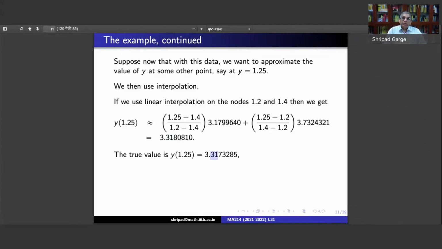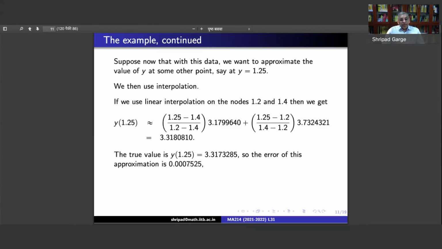For both 1.2 and 1.4, if you remember, the errors were 23 and 32. So if you take the midpoint, the average error was roughly 0.0000275. And this error is 0.0007525. Although the values are correct up to only the first 2 decimal points, the 80 and 73 are so close to each other that you get one more zero in the subtraction.